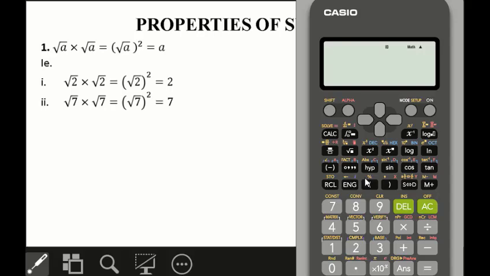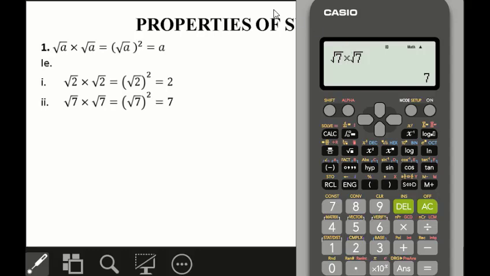We do the same with the root of 7, the root of 7 times the root of 7, and press equal to. That one too is giving us 7, right? Excellent. So that means that when you have two sets of the same kind and they multiply, the value of their product is just the number under the root sign.